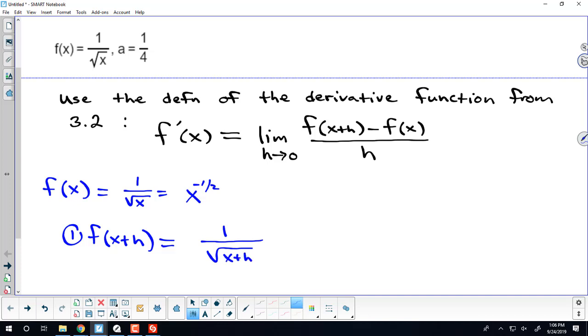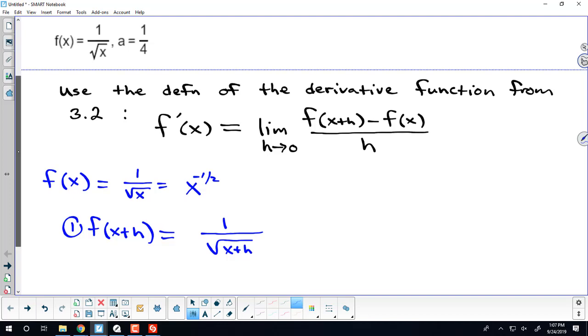Now, as far as computing the limit, I don't really care if you simplify this quotient by itself first and then put all of that in front of the limit, or if you just keep the limit as h approaches 0 throughout your computations. Six and one, half a dozen and the other. Doesn't matter. Whatever you prefer.